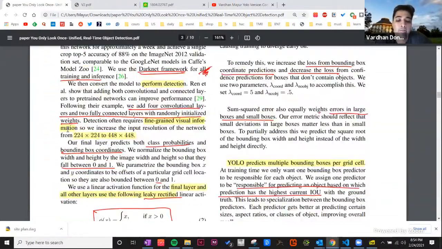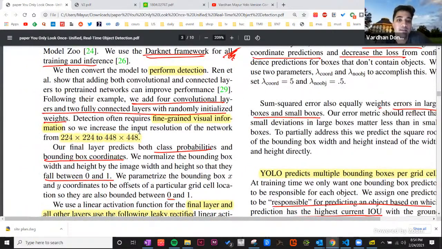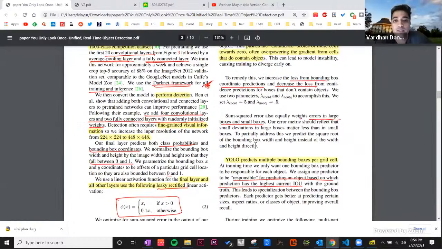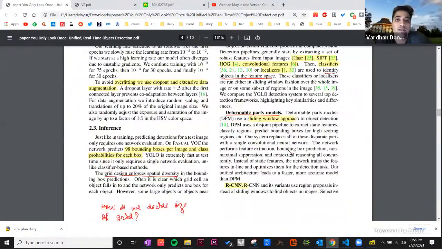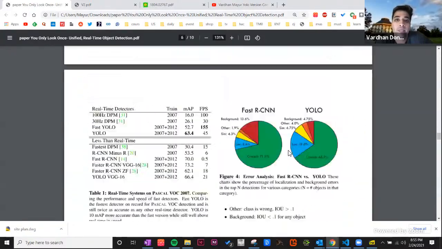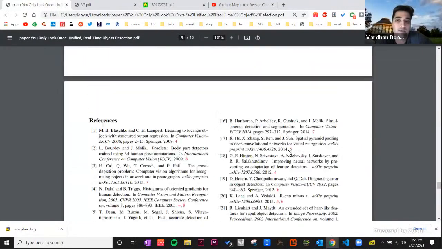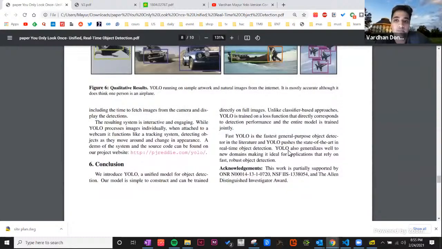Last time we briefly discussed the limitations of this first version. The paper itself has a section on limitations, so we can refer to that. One thing is that the bounding boxes impose strong spatial constraints on each grid cell.